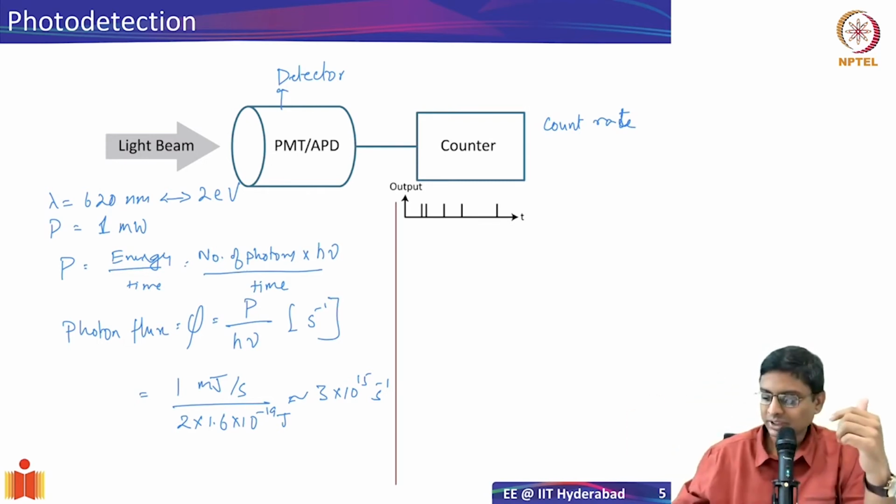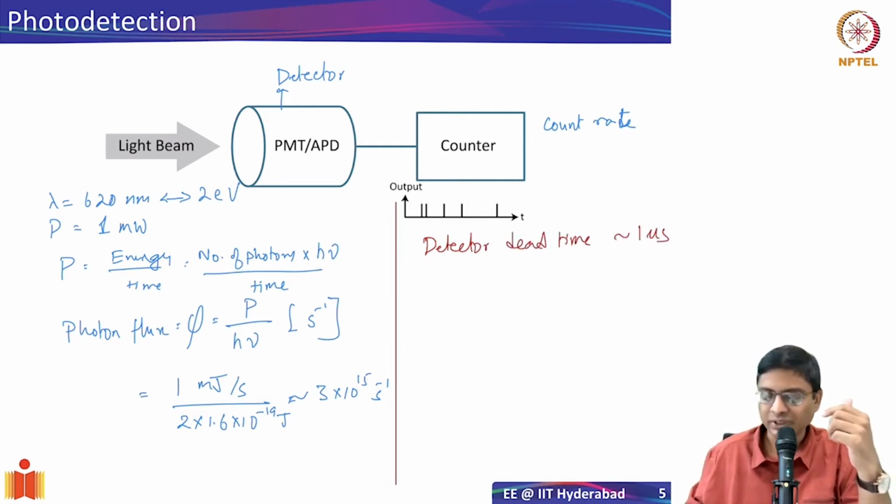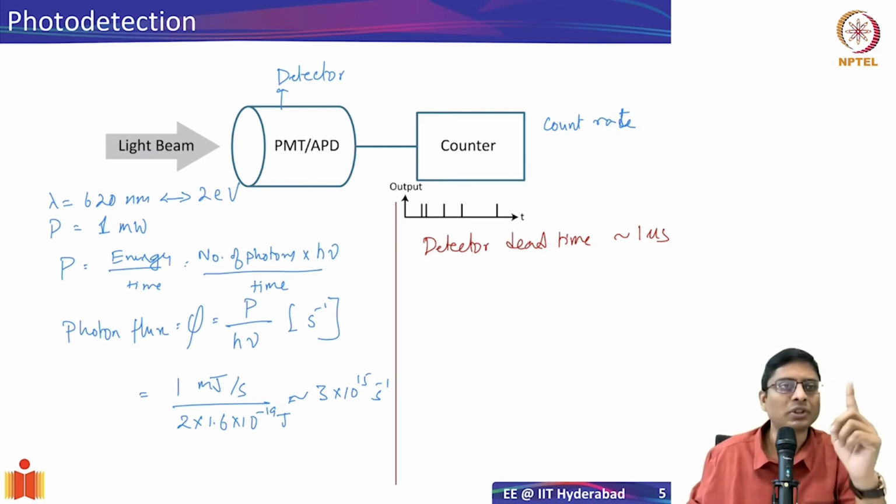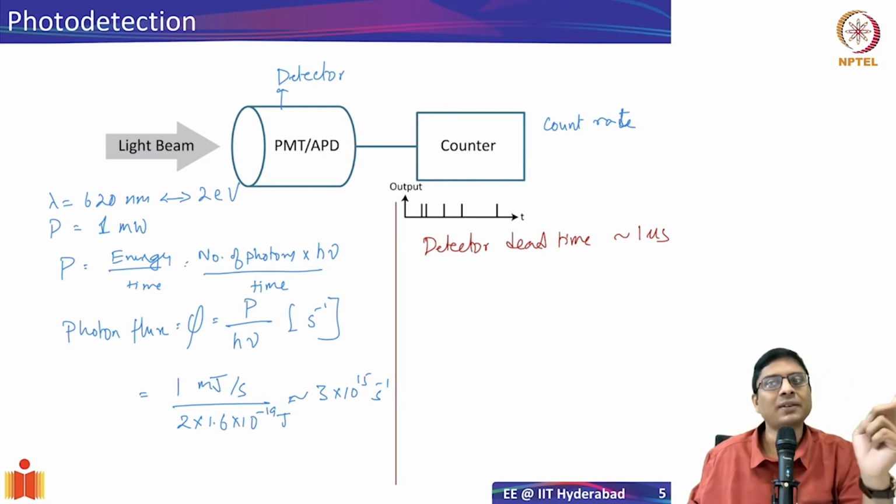The detector dead time is typically about a microsecond, let's say. So that means one photon comes, and if a second photon comes within 1 microsecond, it cannot detect it. That's a typical number for most detectors right now.